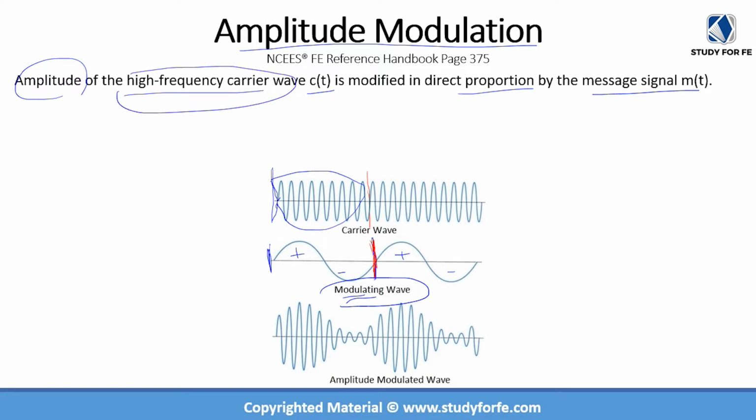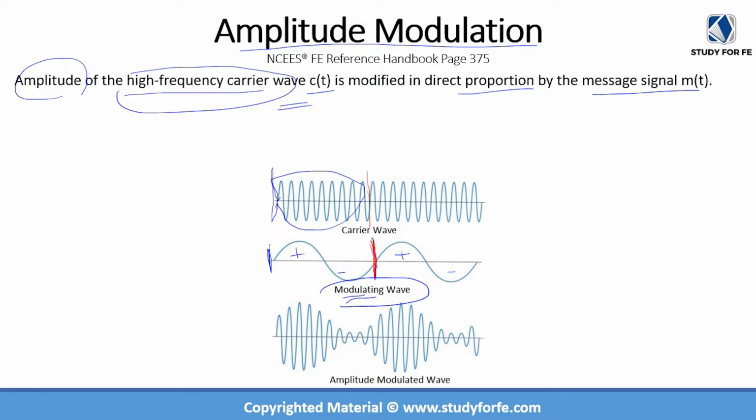In this case, we are showing 5 to 6 carrier waves packed in one cycle of the modulating wave, but in reality, it's not a simple multiple of 5 or 6 times. It can be 1,000 times higher, 10,000 times higher, or even 100,000 times higher. So the carrier wave has much higher frequency than the original message signal.